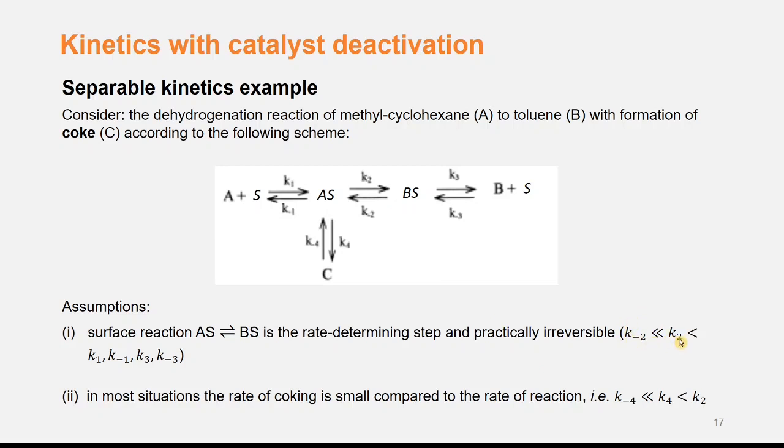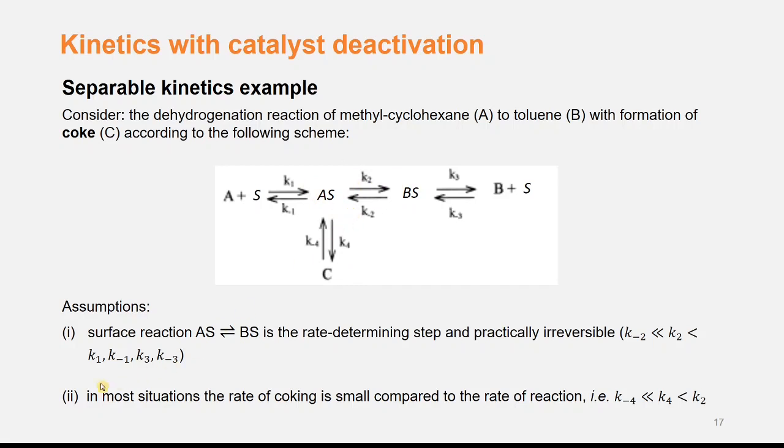So the reaction from AS to BS is irreversible. And K2 is less than K1, K negative 1, K3, and K negative 3, which essentially means that the reaction from AS to BS is the slowest.